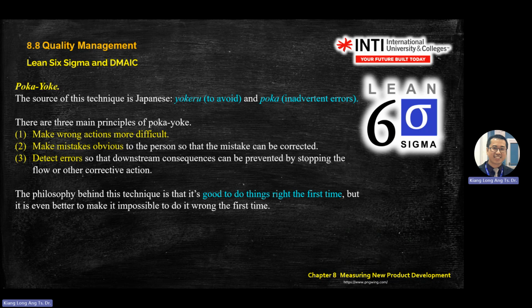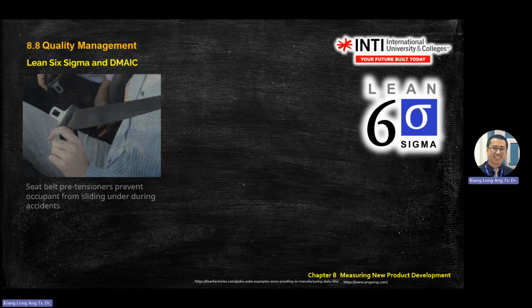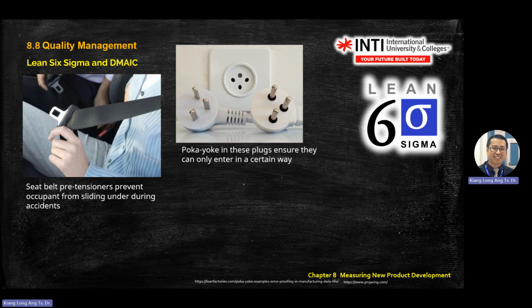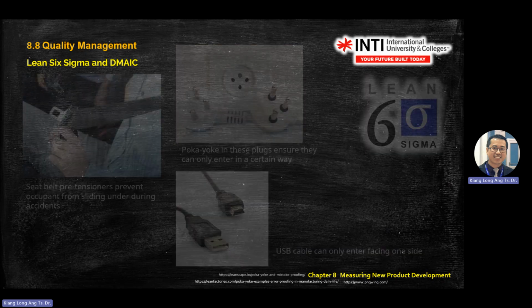Okay, Poka-yoke again just now. Principles: make wrong action difficult, make mistakes obvious, detect errors. Examples are seat belts, plugs, the USB connector, all these things. I mean it cannot go wrong.